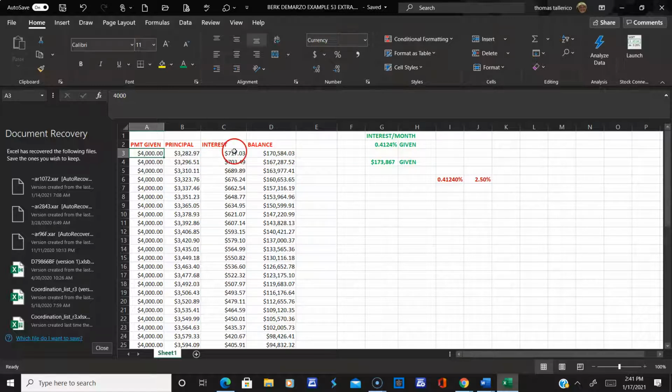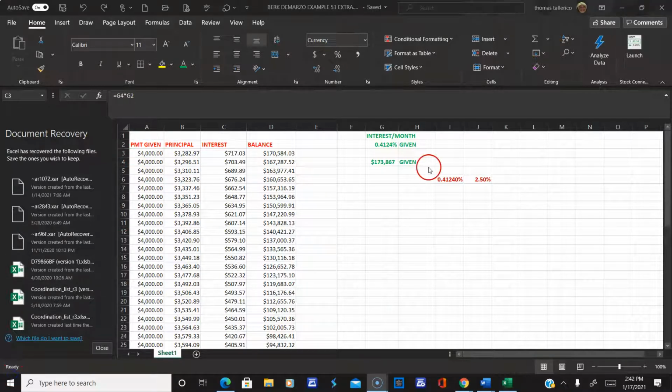So basically what happens here, we got this table of all 48 payments of $4,000. All right, so the first thing we have to do is determine how much interest we have to pay the first month. We got to start paying interest on this loan, right?